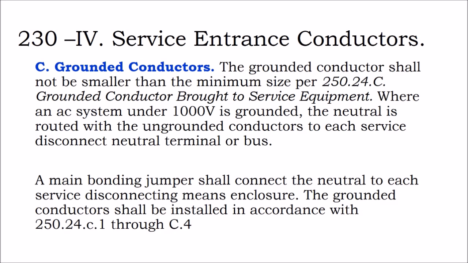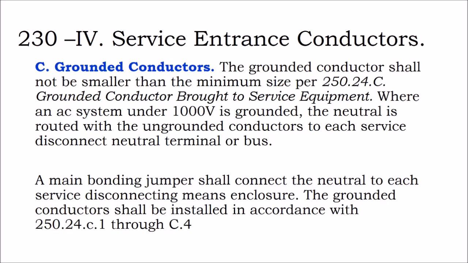The grounded conductor shall not be smaller than the minimum size of grounded conductors brought out to the service equipment. The neutral wire is routed with the positive and negative to each service disconnect neutral terminal or bus, and there it's connected to ground. A main bonding jumper shall connect the neutral to each service disconnect means enclosure.